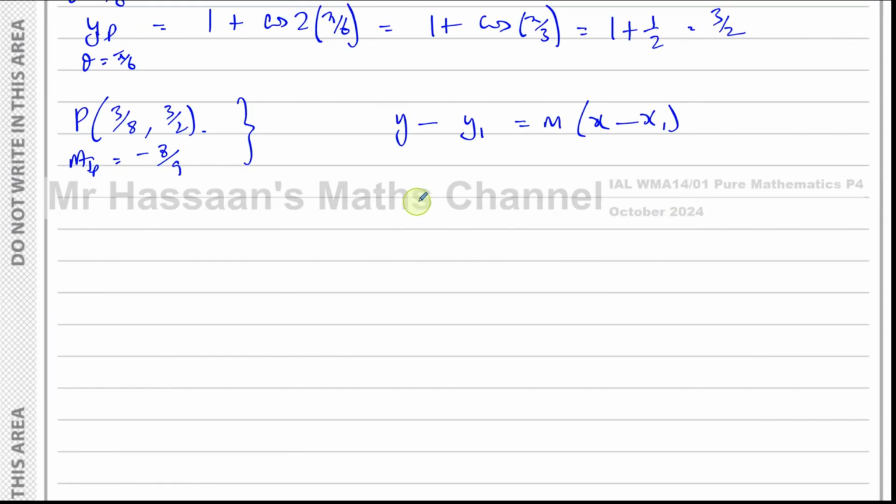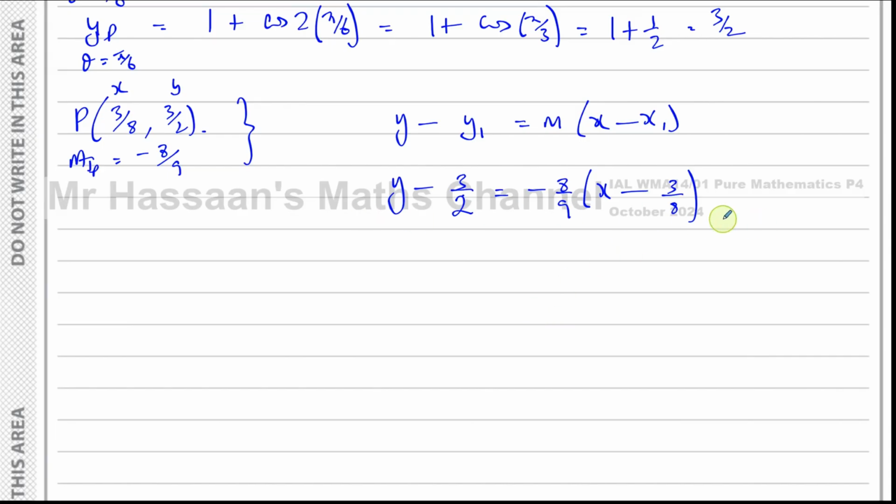So to do this now, I'm going to do y minus y1, which is 3 over 2, equals m, which is minus 8 over 9, times x minus x1. Remember, this is the x coordinate of P, this is the y coordinate of P, so that's y minus 3 over 2 equals minus 8 over 9 times x minus 3 over 8. So this is y minus y1 equals m times x minus x1. X1 is 3 over 8.